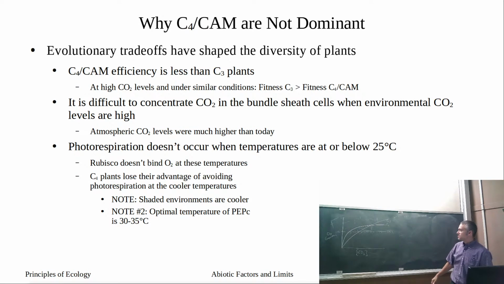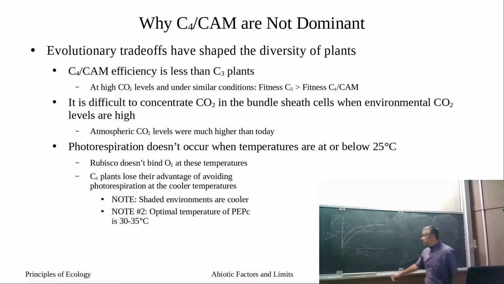Explanation number two relates directly to those C4 plants. What we need to do with C4 is fix the CO2 out of the air into malate, and then concentrate that in the bundle sheaths to ensure a high concentration right at rubisco. And that's actually somewhat hard to do.